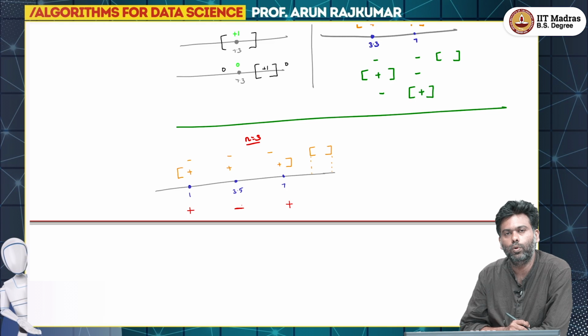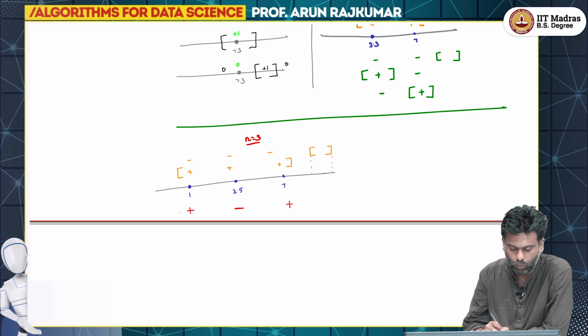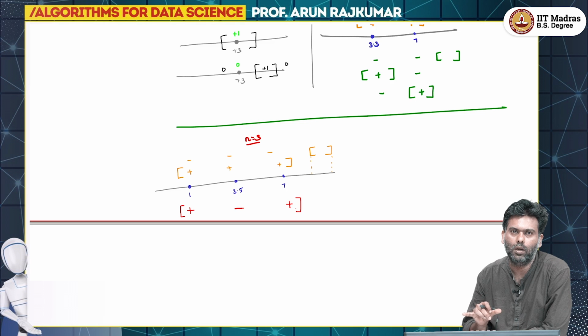Now, can you produce a classifier which will label 1 as positive, 7 as positive, whereas 3.5 as negative? Well, if I have to label 1 and 7 as positive, then both of them should be part of one interval. But whichever interval 1 and 7 are part of, so is 3.5. So 3.5 will also be positive, but I have labeled it as negative.